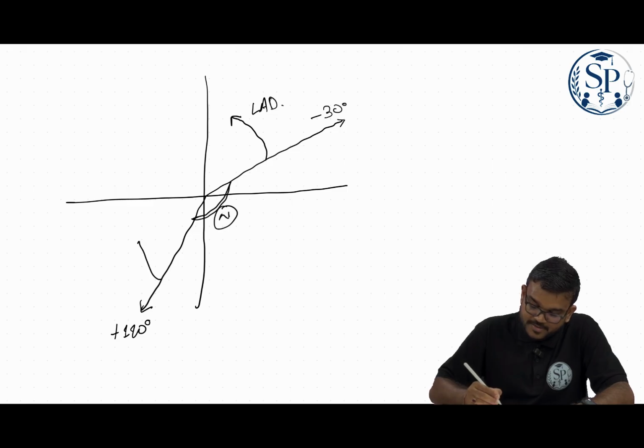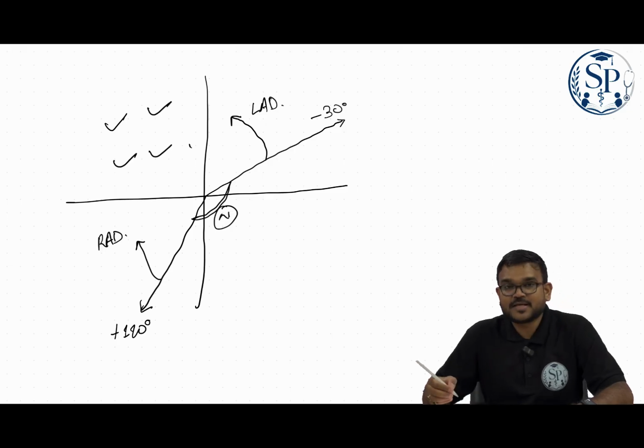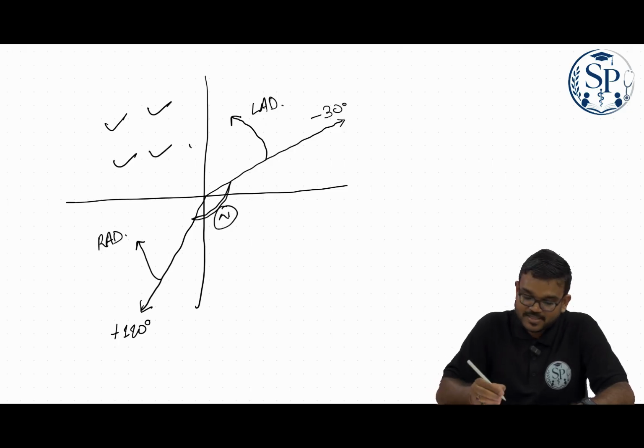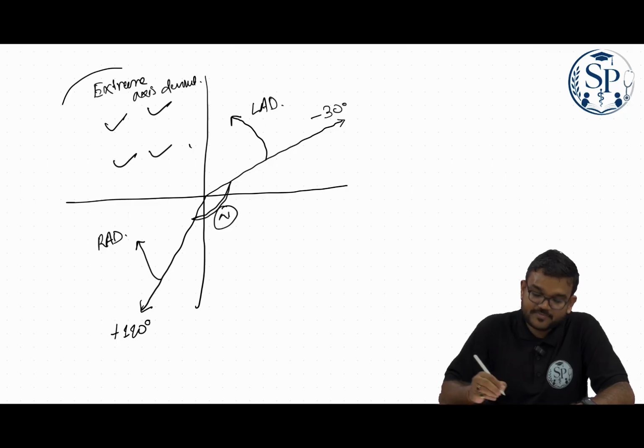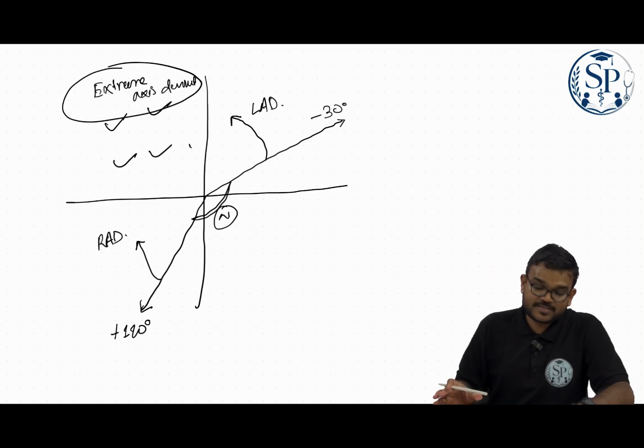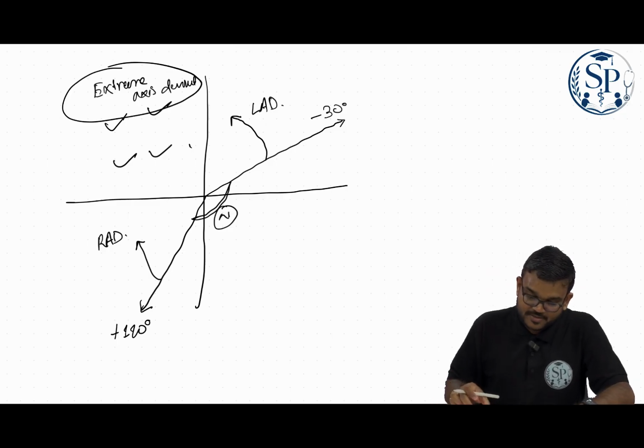Beyond plus 110, it is right axis deviation. And if the resultant axis falls in this quadrant, then it is extreme axis deviation, otherwise named northwest axis deviation.